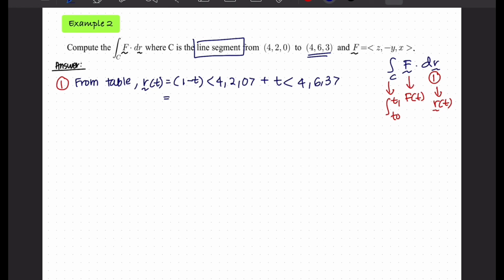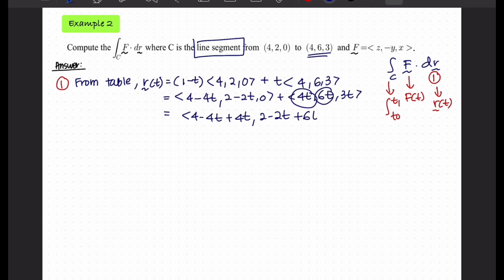Then multiply (1 minus t) with the vector and solve the rest. So r(t) is given by this vector. Simplify.